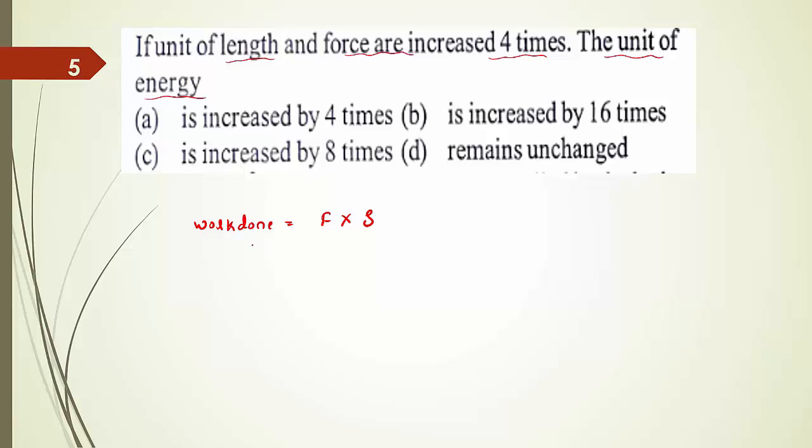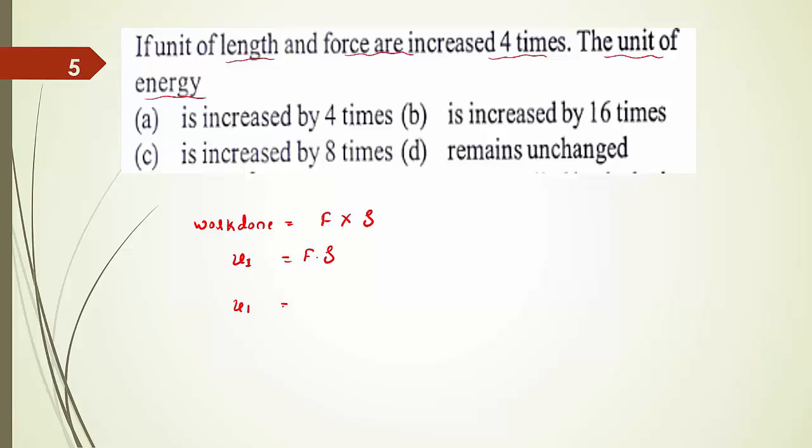Right? So work done unit, we can take it as unit U1 is equal to force into displacement. Suppose according to the question, length and force are increased 4 times. Here F indicates force, S indicates displacement, displacement is equivalent to length, both are same here.